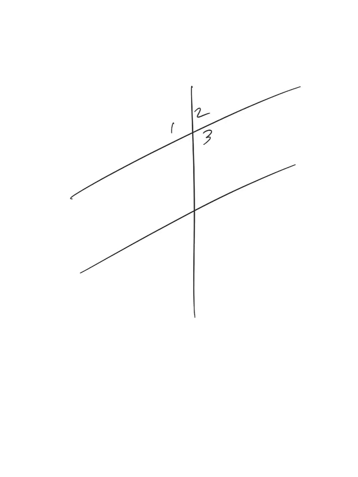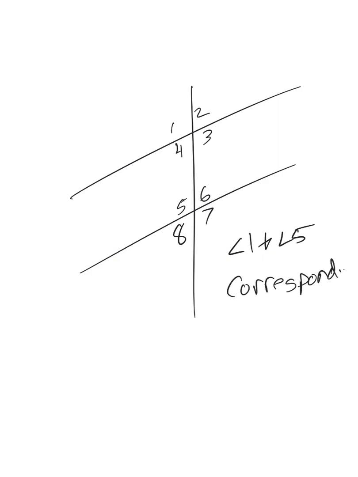1, 2, change the numbers up a little bit. 5, 6, 7, 8. All right, name angle 1 and angle 5. Angle 1 and angle 5 are corresponding angles. Okay. So now I want you to name all pairs of corresponding angles right now. List them as pairs.